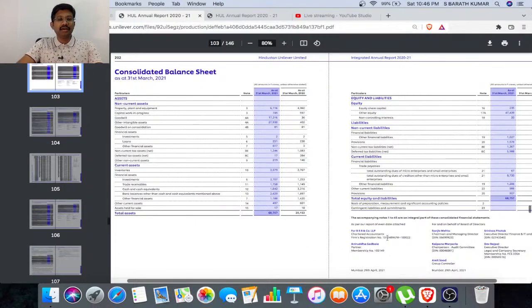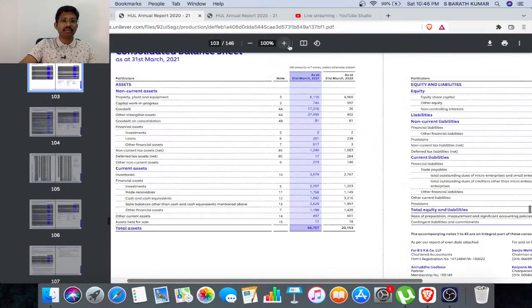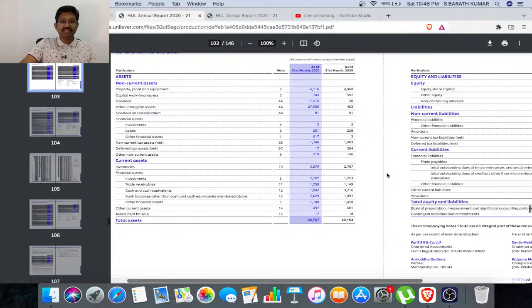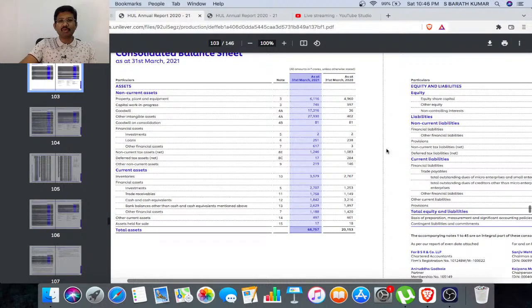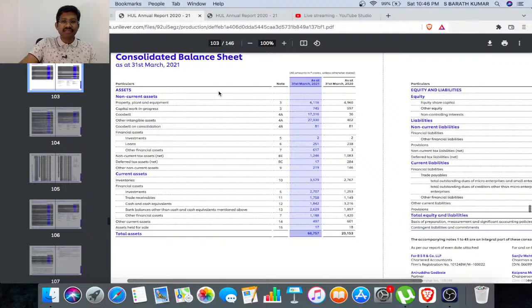Now this is the Hindustan Unilever balance sheet. Let me make it a little bit bigger. When I was going through the balance sheet, two things were really astounding, and I was a little perplexed about the reason. When we see a company's balance sheet, we know the current assets and liabilities and everything.